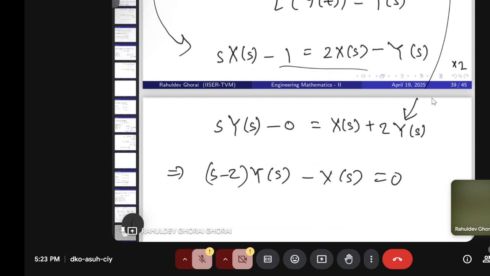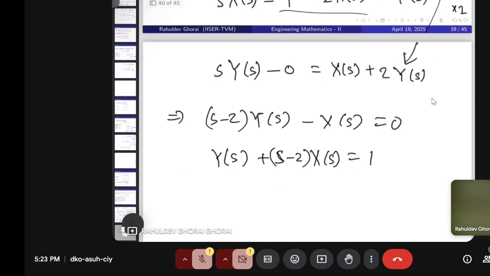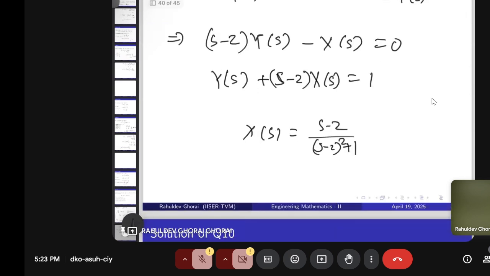From the other one you will get Y(s) plus (s minus 2) X(s) is equal to 1. Just evaluate to obtain X(s), you just check it, it will be (s minus 2) over (s minus 2) whole square plus 1, and Y(s) will be 1 over (s minus 2) whole square plus 1.